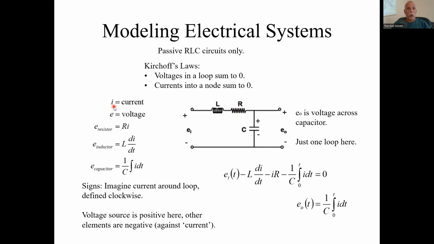So we'll call little i the current, and little e the voltage of any given element. When you analyze a diagram like this, you get to define what you mean as positive current. So imagine a loop of current going around here.